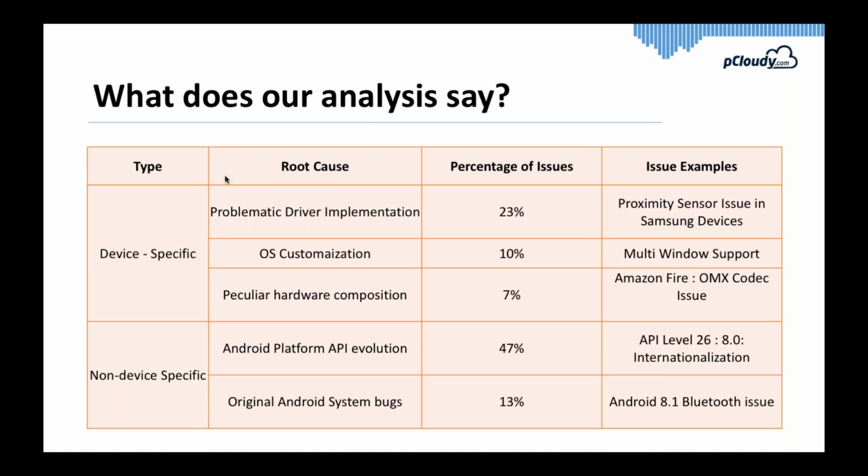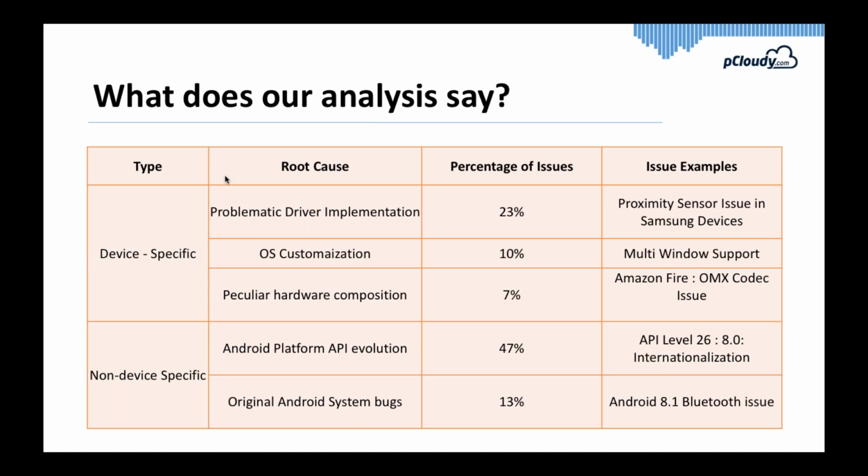The first category is device specific issues, which means these bugs are related to a specific model or specific category of device. For example, certain bugs will only happen on a Samsung device or a specific model such as the Samsung Note 8 or Amazon Fire. That falls in the category of device specific issues.